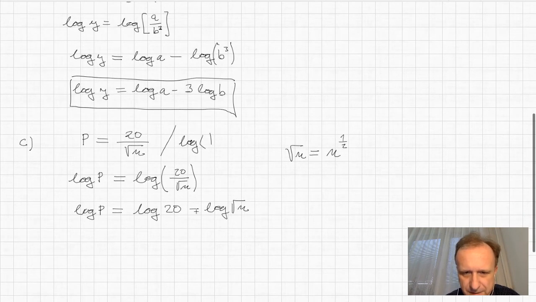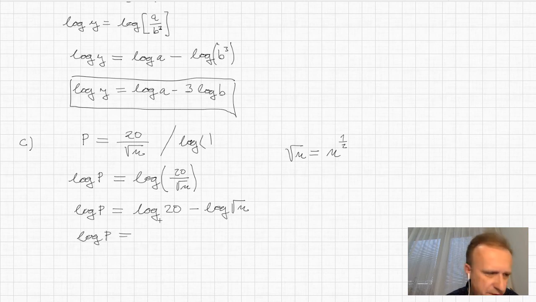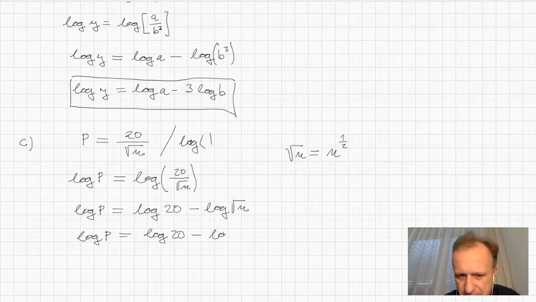So here this is the logarithm of n to the power of 1/2. So let me copy it again. The logarithm of p equals the logarithm of 20, and the logarithm of 20, let me leave it without any change, minus, and here I have the logarithm of n to the power of 1/2, like this.